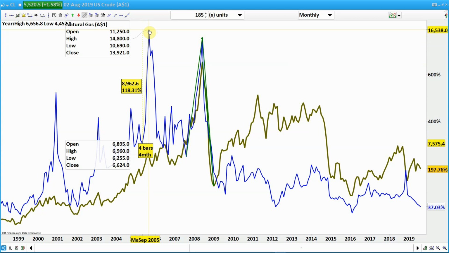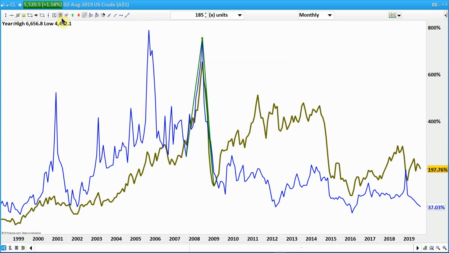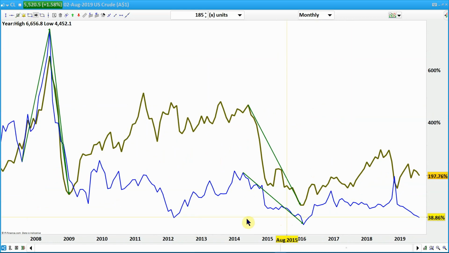So the multiplication factor can vary, but generally speaking, they are directly correlated. As you can see in front of us, when crude oil in brown comes down, natural gas also comes down.